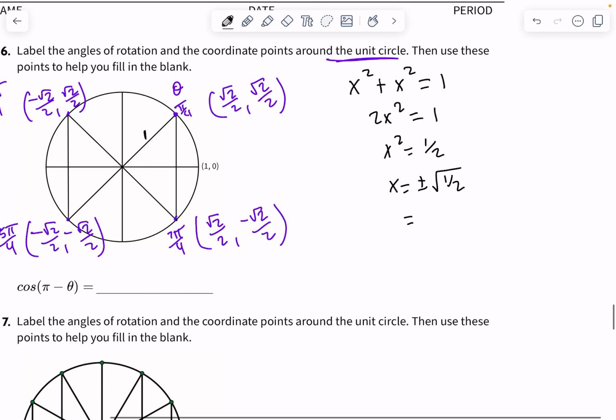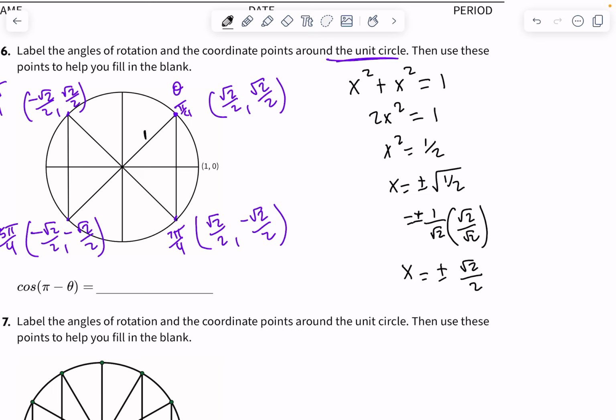So x is equal to 1 over square root of 2, plus and minus, right? Now I can multiply this by square root of 2. So x is equal to plus and minus square root 2 over 2. Okay, so that's kind of where I came from.